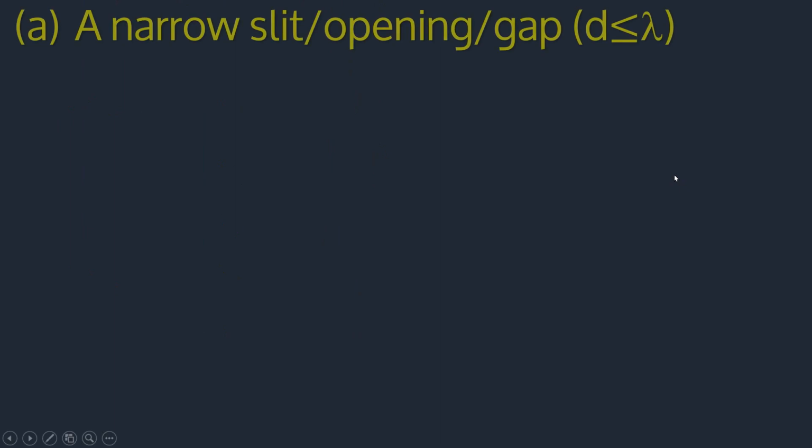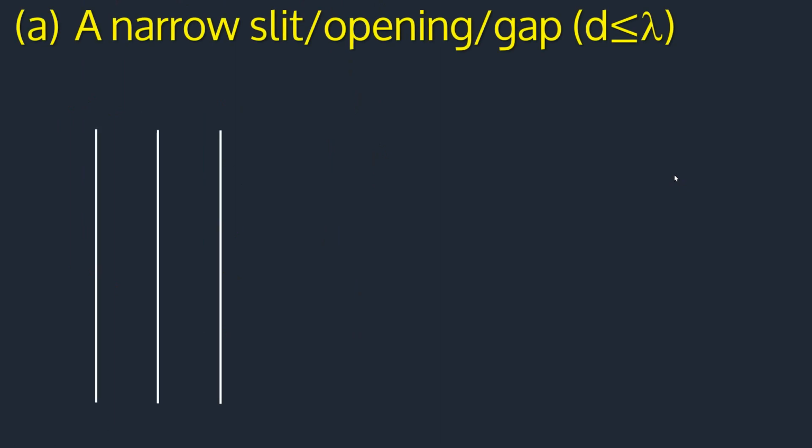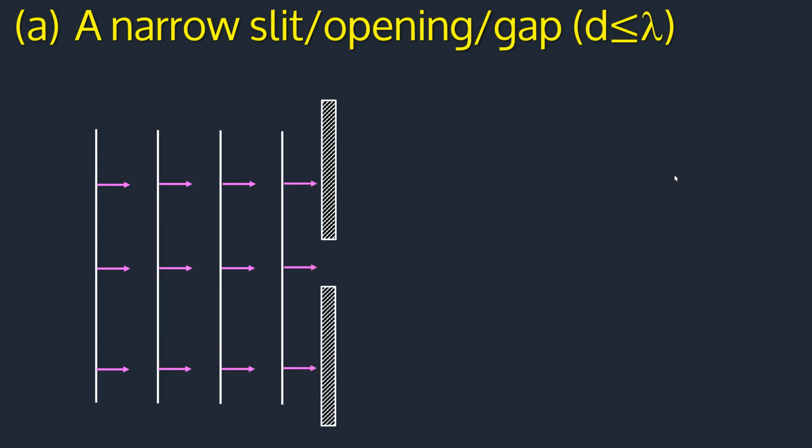Now, let me illustrate exactly what happens. So we have these incident wavefronts. That's how they came. And then they are reaching a barrier that has a hole, and we all understood that this is a small hole because the size of this hole is smaller than the wavelength, the distance between these two successive crests.